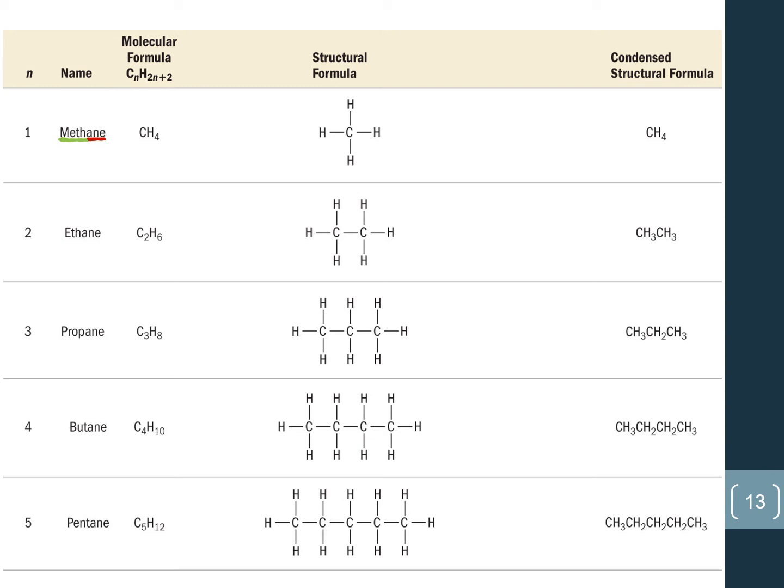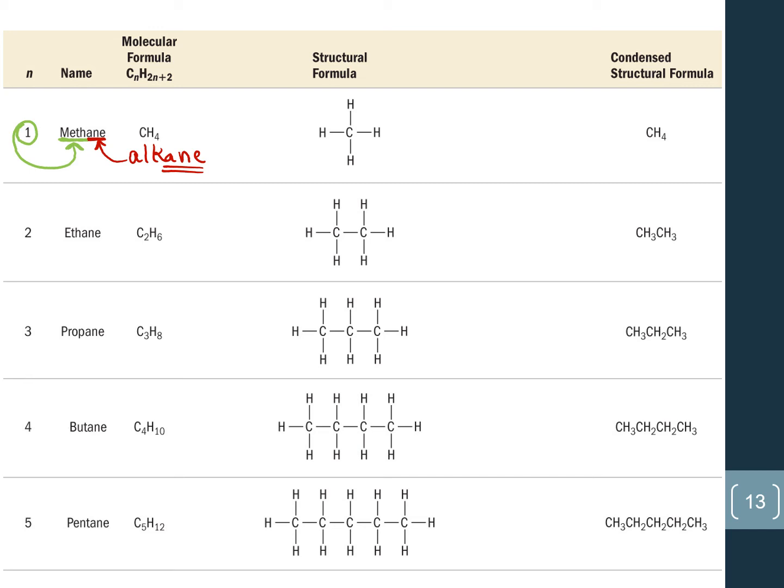The first part in the name is telling you how many carbons you have in that compound. Methane, that name corresponds to an alkane with one carbon. Alkane because that second part is telling you the specific type of hydrocarbon that you have.